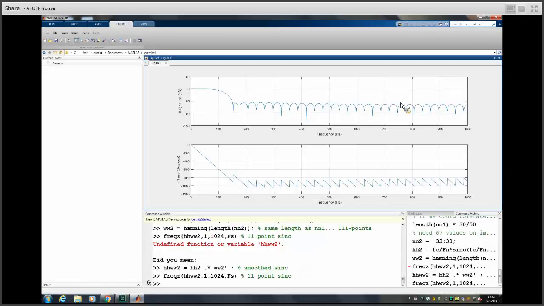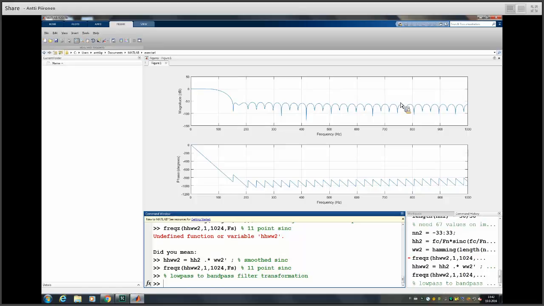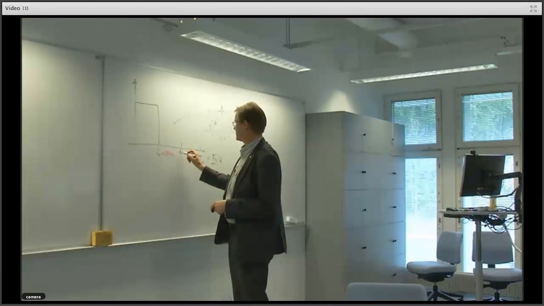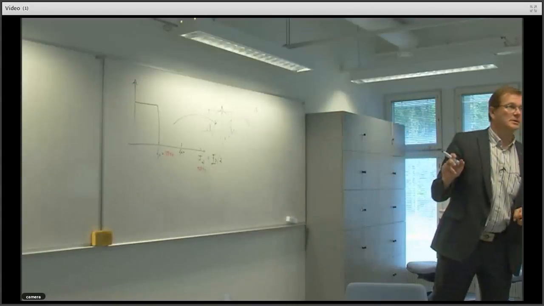Now how to transfer that filter property to band pass filter. So low pass to band pass filter transformation. There we just need to modulate it. Example: modulation of this one to, say, a center frequency of, all right, what would work? 400 Hertz.